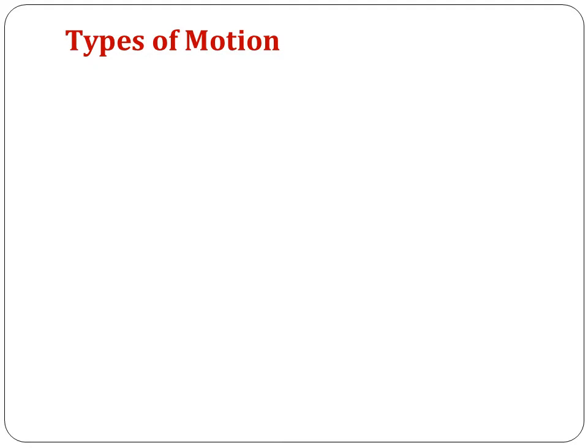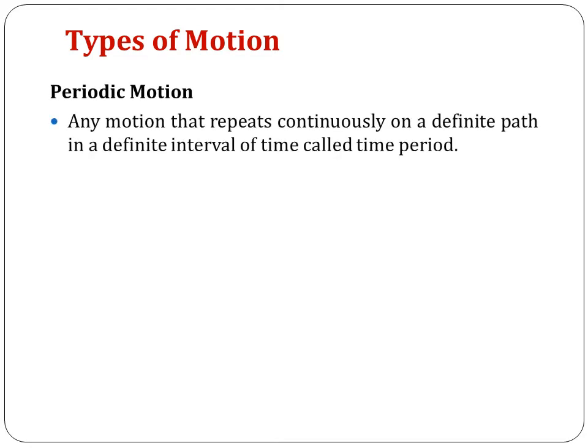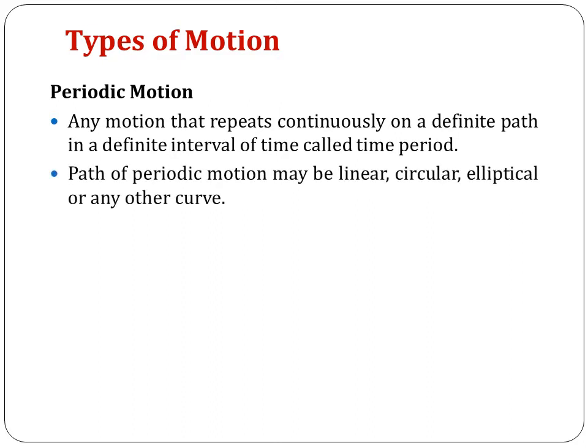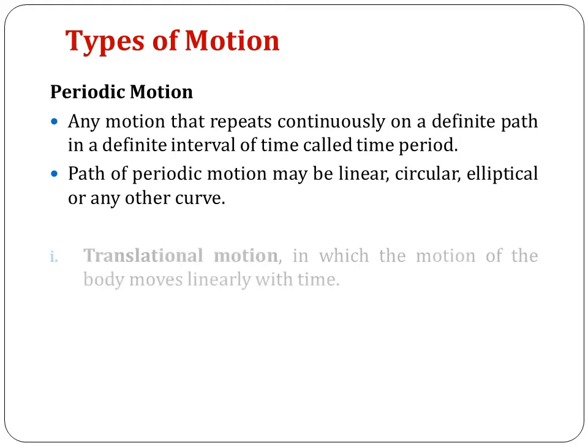Of the various types of motion present, the most common type of motion is the periodic motion. A periodic motion is any motion that repeats continuously on a definite path in a definite interval of time, and this interval of time is called the time period. The path of the periodic motion may be linear, circular, elliptical, or any other curve.